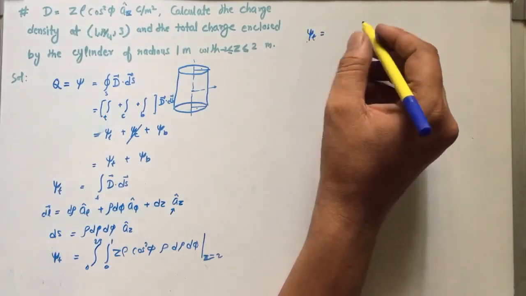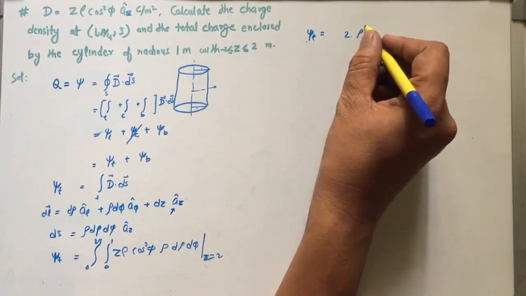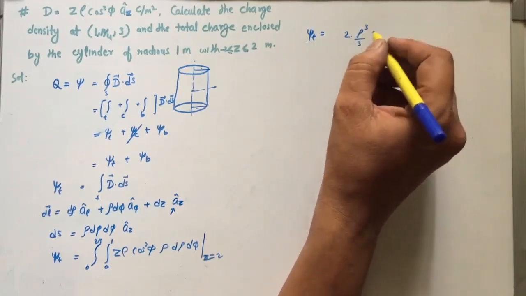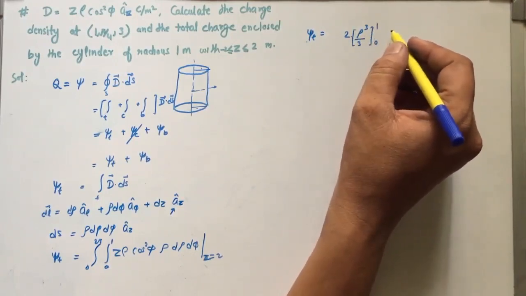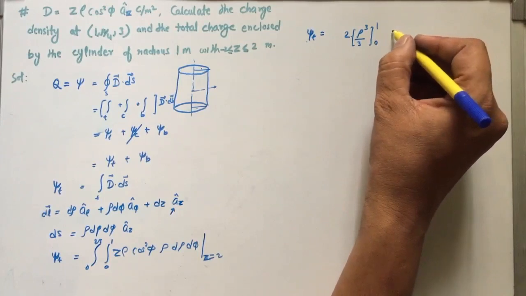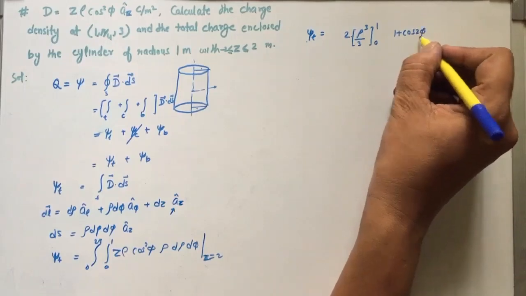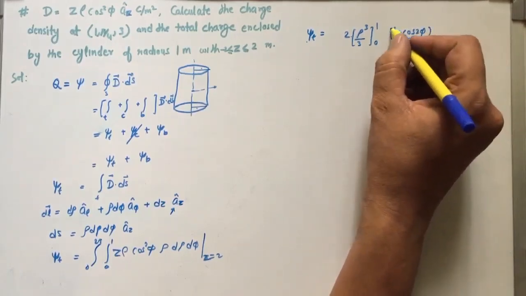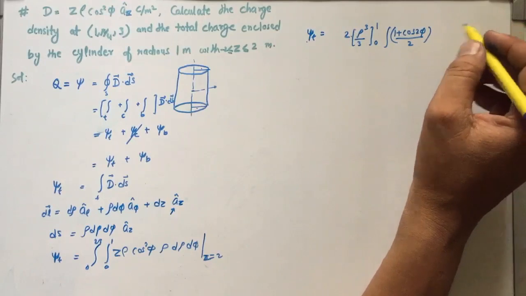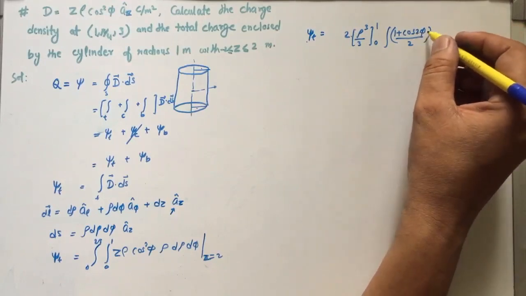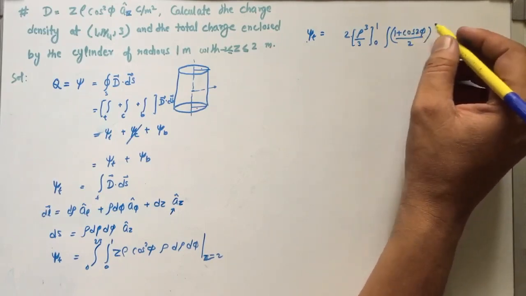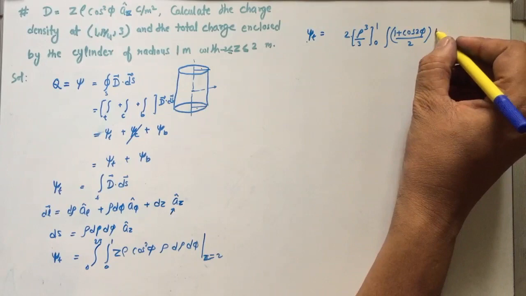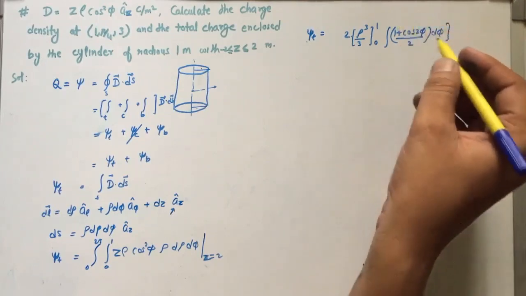It will be 2 rho cube by 3, from 0 to 1, and cos square phi can be written as (1 plus cos 2 phi) by 2, since cos square minus sin square gives cos 2 phi. Then integrate with respect to phi. This is the total answer.